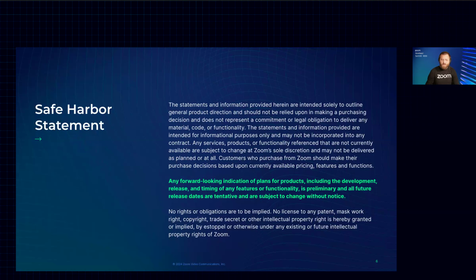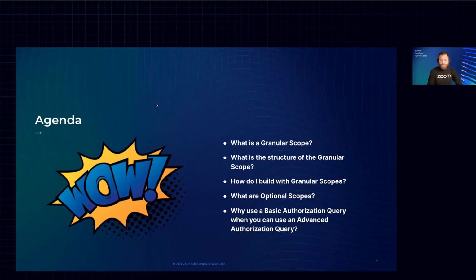We have an action-packed agenda today. It is very exciting, right? First up, we're going to talk about two very exciting new features, granular and optional scopes. We're going to explore the mystery of what a granular scope is and what it's made of. We'll learn what they are and how we build with them.